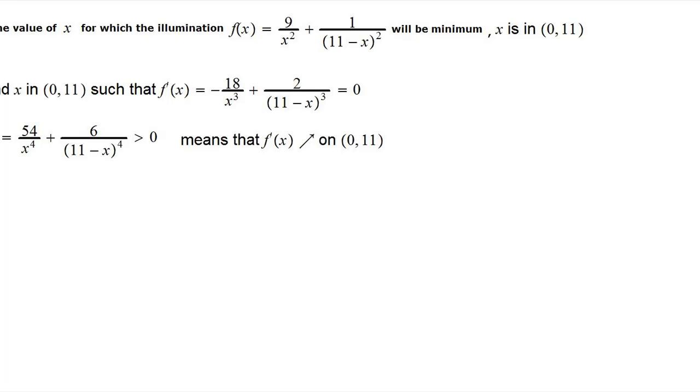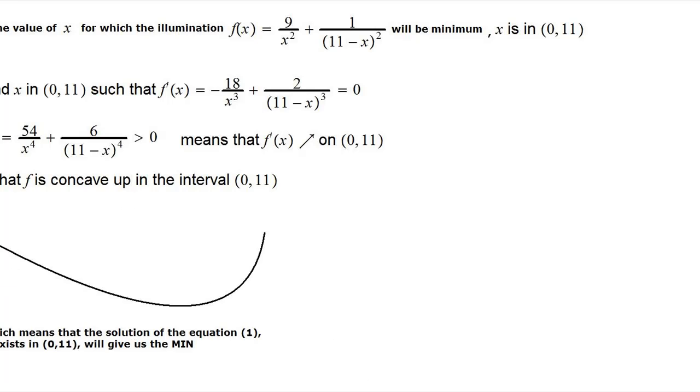Another implication is that f is concave up in this interval, which gives us the conclusion that if there is a solution to this equation, let's call it equation 1, in the interval (0, 11), then that's going to give us a minimum, right? So let's see if it will even have a solution in there.